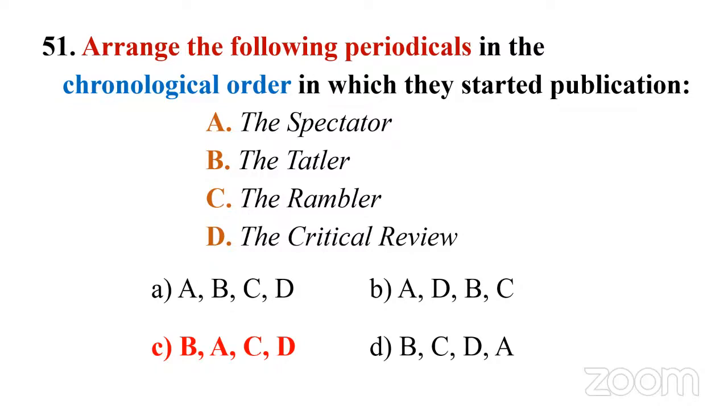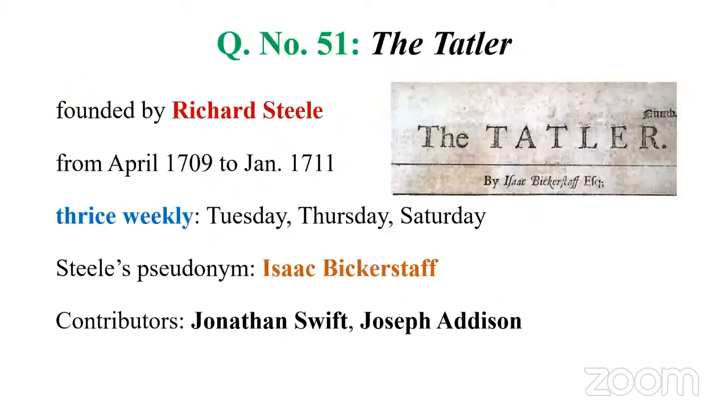Now let's look at each one of them one by one. The Tatler was founded by Richard Steele and it ran from April 1709 to January 1711. It was issued thrice in a week, and this was once asked in a NET exam: Tuesday, Thursday, Saturday.